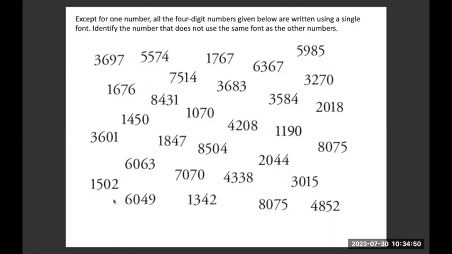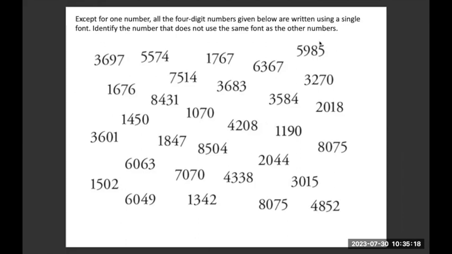What you have to find is the number which has a different font. All the numbers are written in one font style except for one number. You have to find which is that number and write the answer, which is the number written in a different font style.